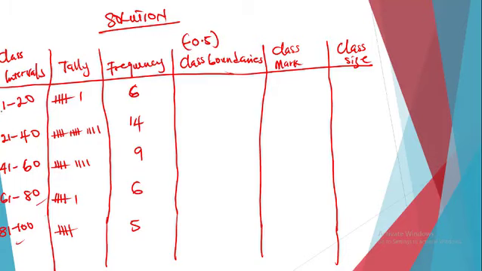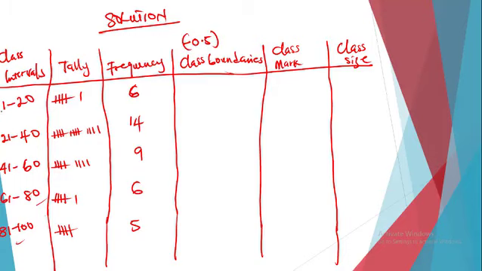Okay, now for the first class boundary here, we have 1 minus 0.5 minus 20 minus 0.5, and that will give us 0.5 minus 20.5. Is that correct? So our class boundary for this is 0.5 minus 20.5.